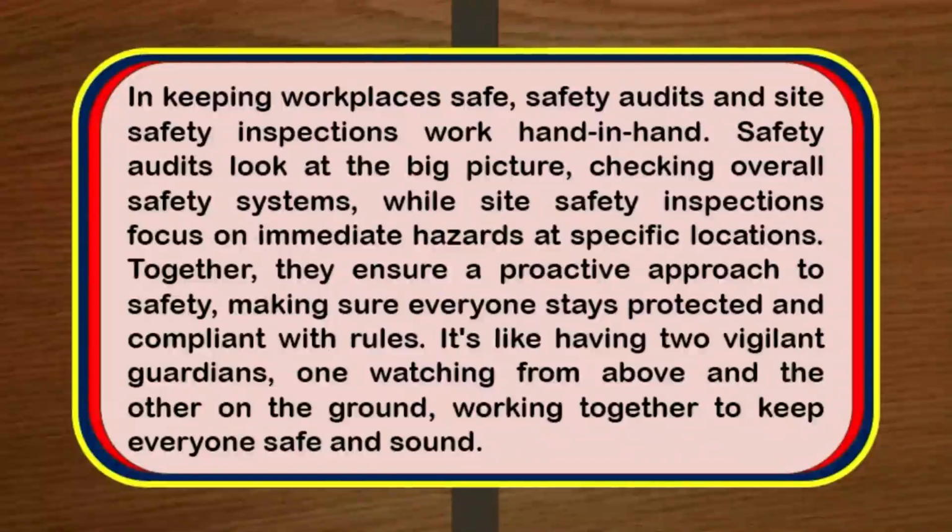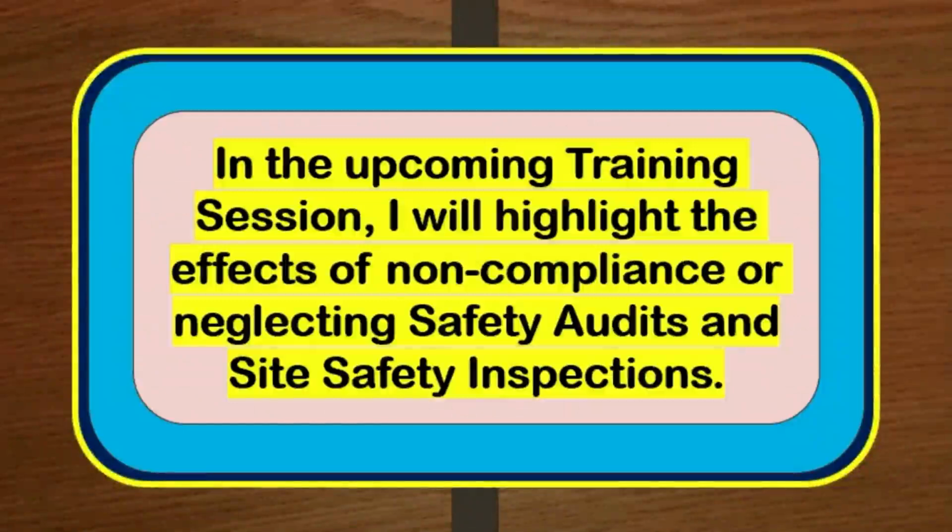Together, they ensure a proactive approach to safety, making sure everyone stays protected and compliant with rules. It's like having two vigilant guardians, one watching from above and the other on the ground, working together to keep everyone safe and sound. In the upcoming training session, I'll highlight the effects of non-compliance or neglecting safety audits and site safety inspections. For now, that's all.